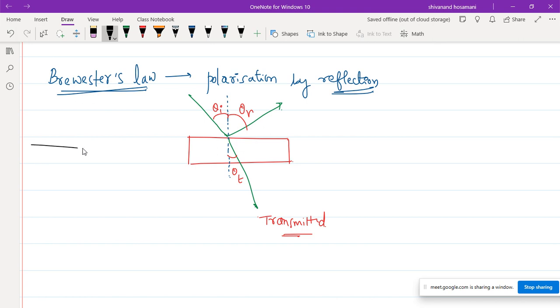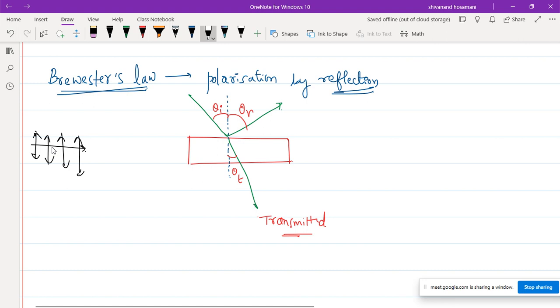Let us represent unpolarized light like this. If a light is going in this direction, it is going to have its perpendicular components as well as horizontal components. Horizontal components are represented by a white dot.